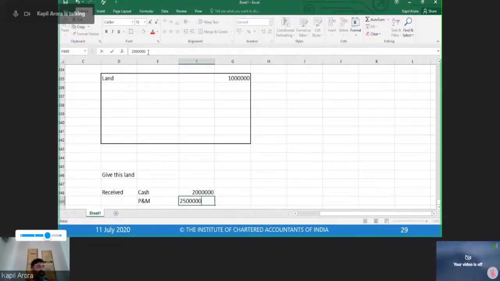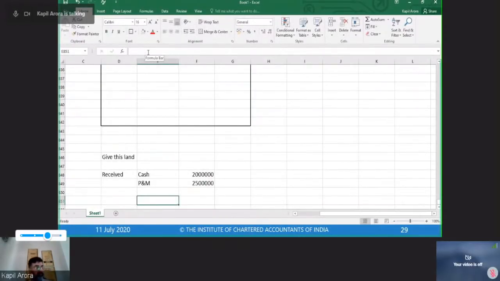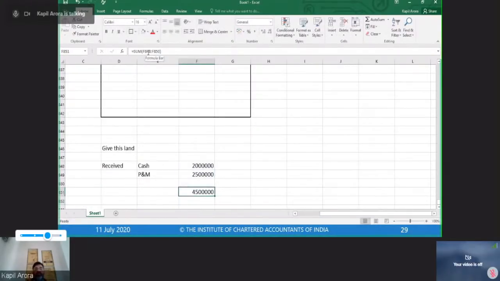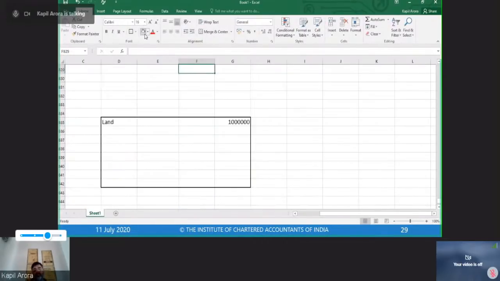So what would be the value of the transaction? The transaction value, I am giving away my land for 45 lakhs.